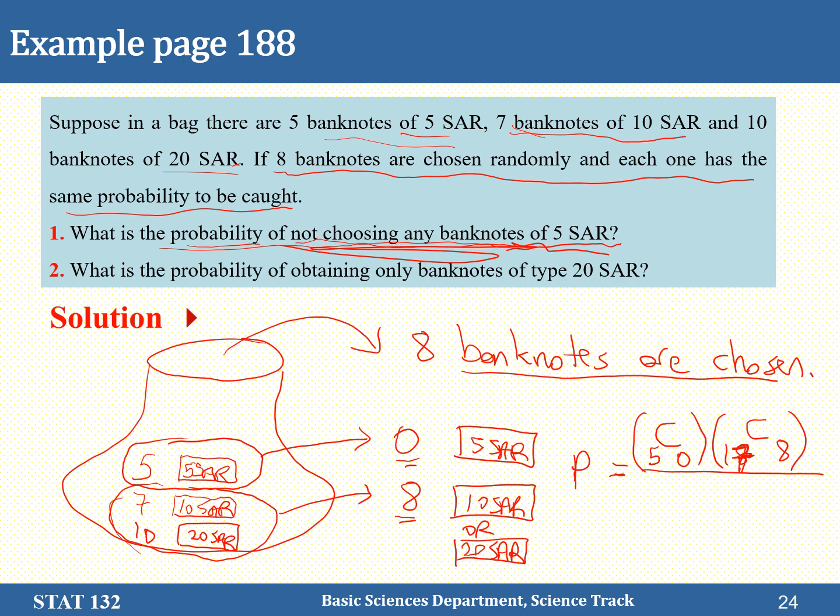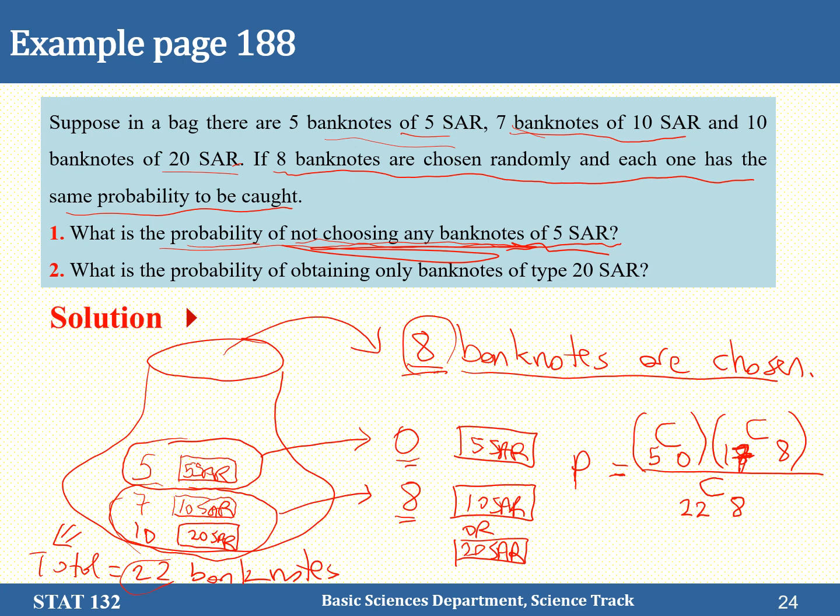And in total, the total amount is 22 banknotes. So the sample space has 8 banknotes chosen from 22 banknotes. So we have to write here the number of ways of choosing 8 banknotes out of 22. It will be 22 choose 8.